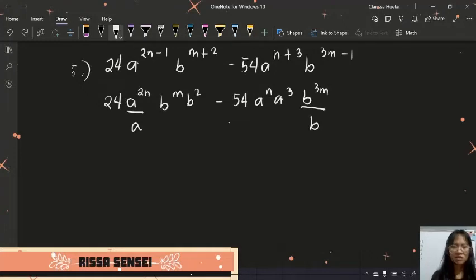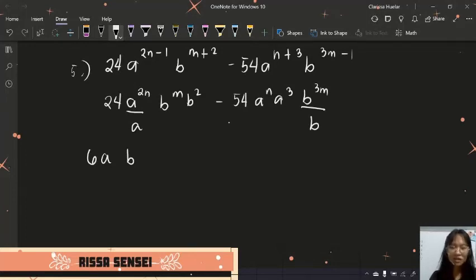Tama ba? 24 divided by 6 is 4. 54 divided by 6 is 9. Okay. So, I can factor out 6. Ano pa pwede nating i-factor out? So, pwede tayo mag-factor out ng a tsaka ng b. Pero, tingnan natin kung ano dapat yung exponents.